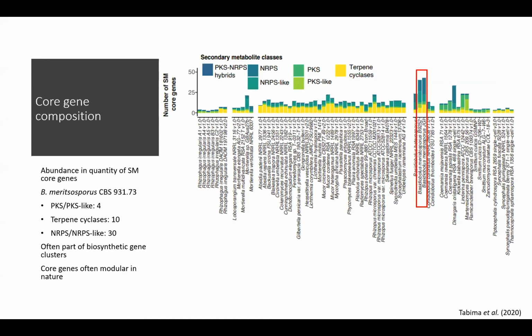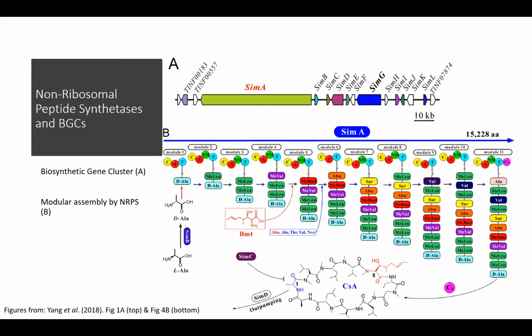So a good example of this is the biosynthetic gene cluster with the NRPS core gene that encodes the protein products needed to synthesize cyclosporin A. So if you look at this biosynthetic gene model at the top here, the SimA gene is the core gene for producing the SimA NRPS, and all of these other genes are involved in things like transporting the intermediates, pumping out the final product, modifying the SM products, along with many other functions that are needed to produce the secondary metabolites.